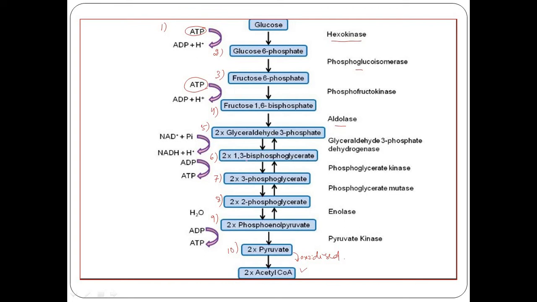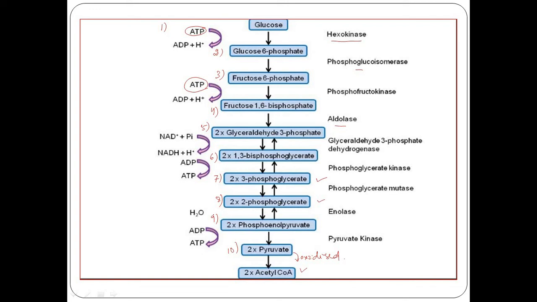It is a bidirectional reaction. In the sixth step, it liberates 2 molecules of 1,3-bisphosphoglycerate. In the seventh step, in the presence of the enzyme phosphoglycerate kinase, it produces 3-phosphoglycerate, and in the eighth step it is 2-phosphoglycerate.